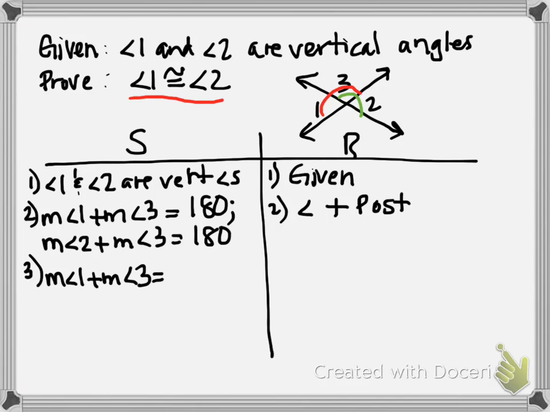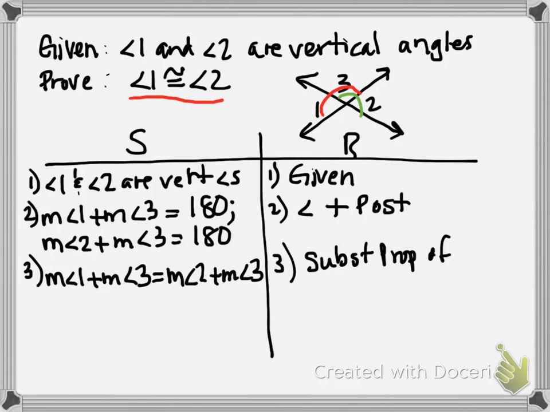And in the right side where it says 180, I'm going to substitute in the second equation, measure of angle 2 plus measure of angle 3. Again, we could either say substitution property of equality, or we could call it transitive property of equality. You make the choice there. If it's a congruence thing, we can only use transitive.